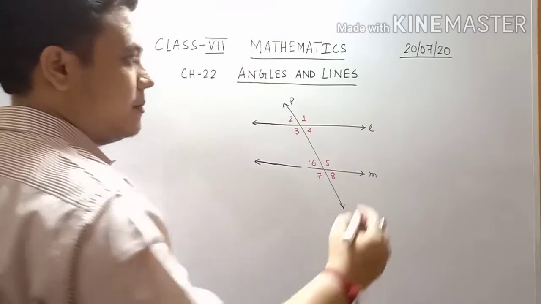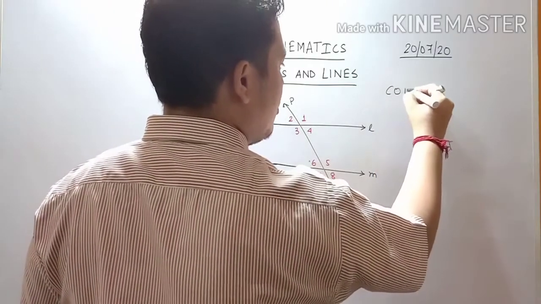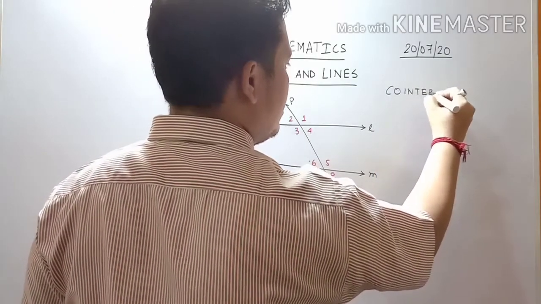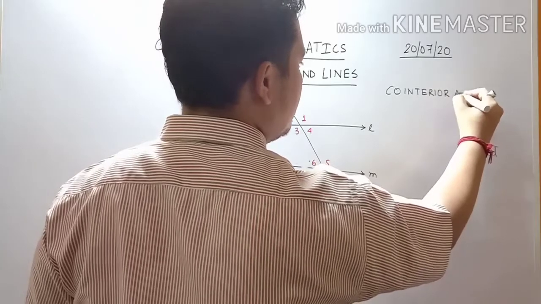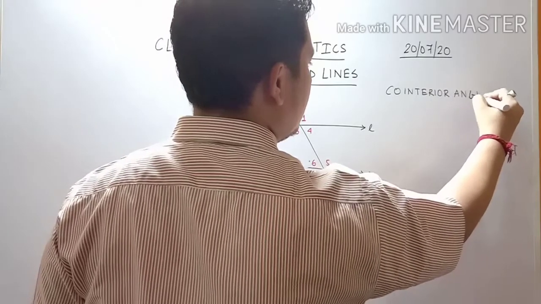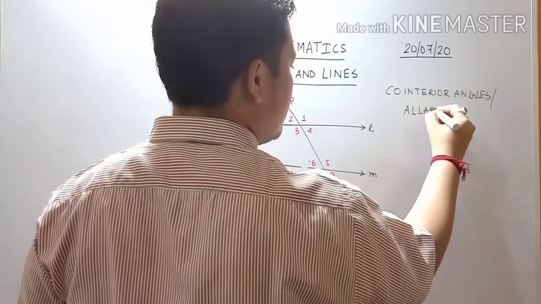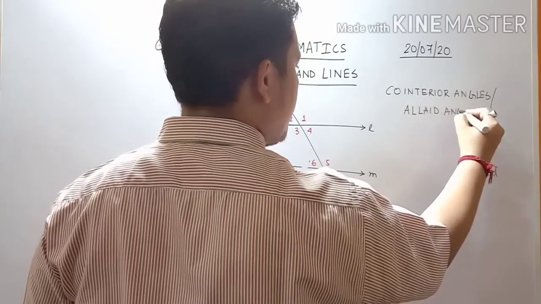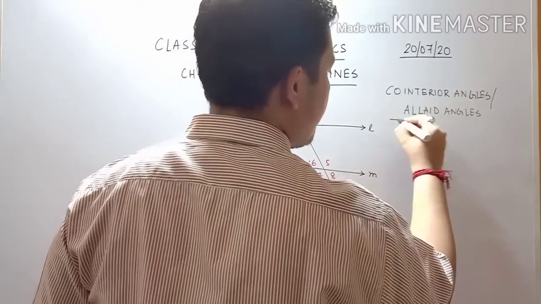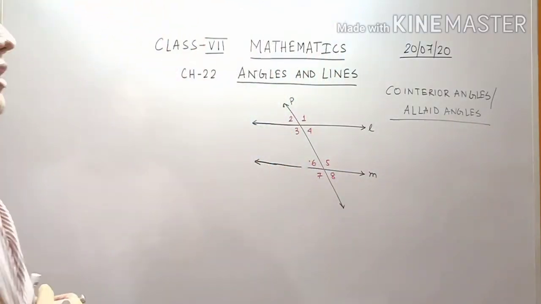Let us learn the next pair, which is co-interior angles, or you can call them allied angles. What is the definition of it?